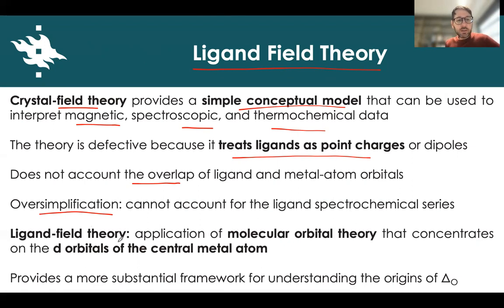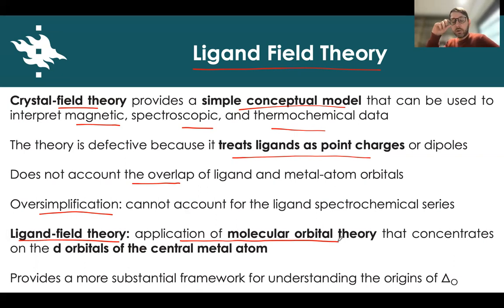In this case, the ligand field theory provides a more complete description of properties and bonding in coordination compounds, and the ligand field theory represents an application of the molecular orbital theory to coordination compounds. So it refers to the application of molecular orbital theory that concentrates on the d orbitals of the central metal atom.